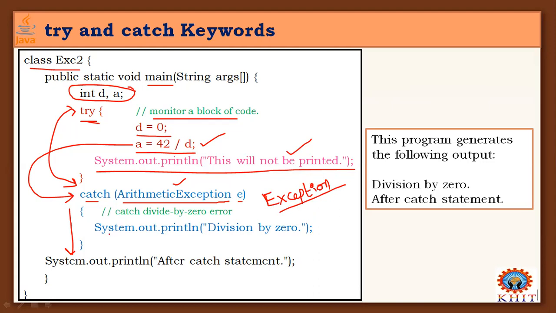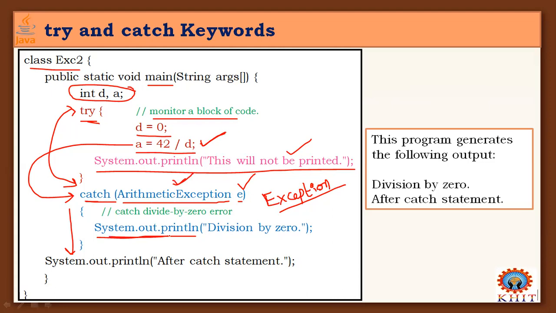So here I'm just displaying that whenever this type of statement expression generates an arithmetic exception, I have a catch block handler to catch that exception with this class name called arithmetic exception and an object of this arithmetic exception.